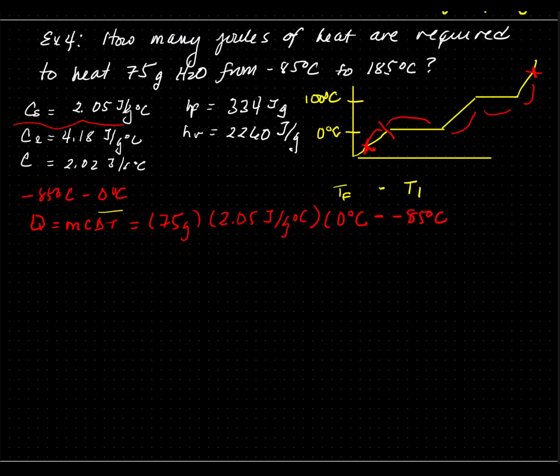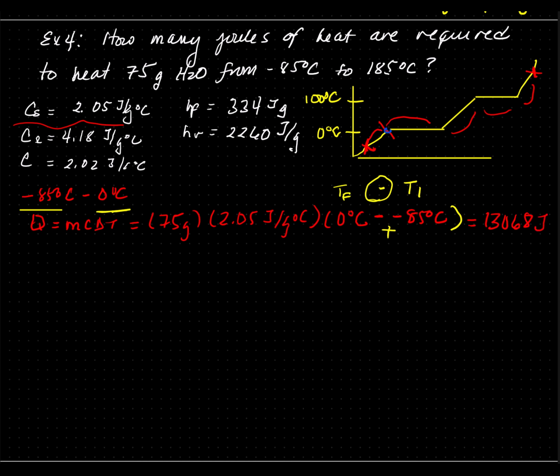My T final is 0 degrees Celsius. Then we have a negative sign, but my initial temperature is a negative 85. So that's a minus and minus, so this is actually adding. So you're going to have a positive 85 times 2.05 times 75. You should get approximately 13,068 joules.